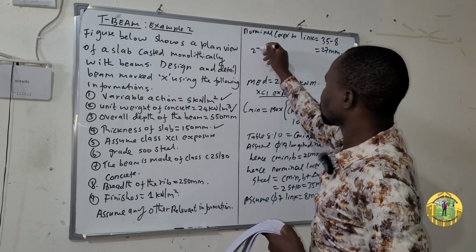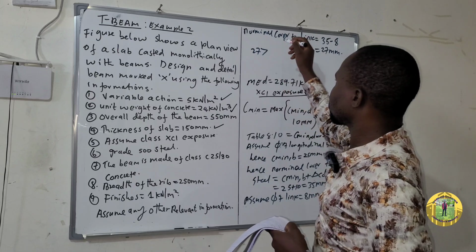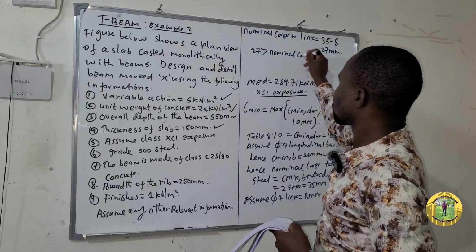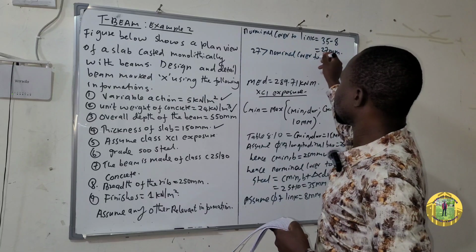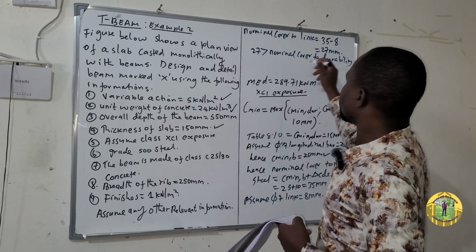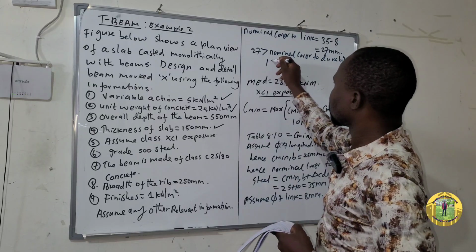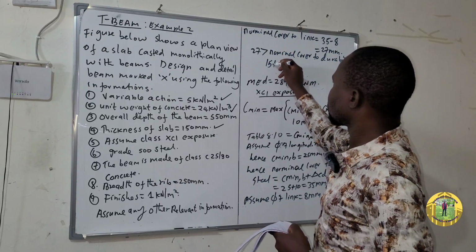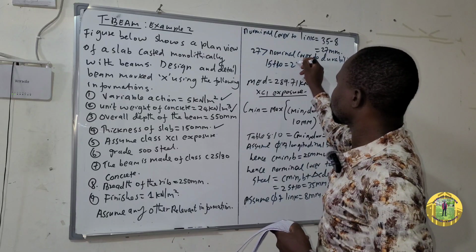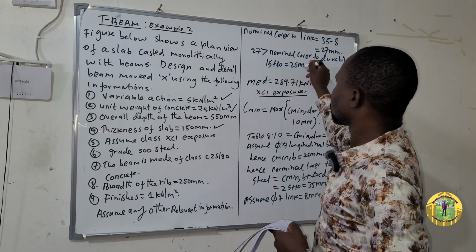So 27 is greater than nominal cover to durability, which is 15 plus 10. So this one is equal to 25 millimeters.